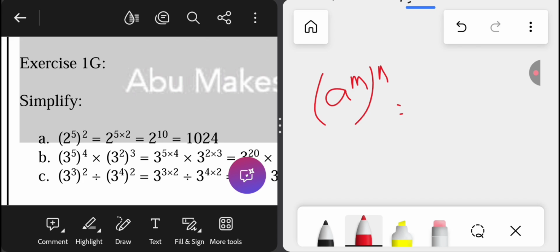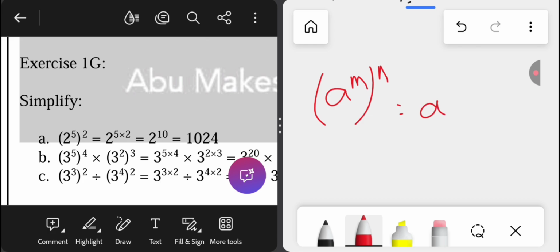When there is an existing power on a variable or on a number, and then there is a second power, we write it as whole to the power, suppose 3, 4, or 7. It may be infinity.